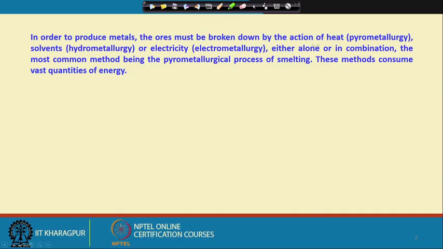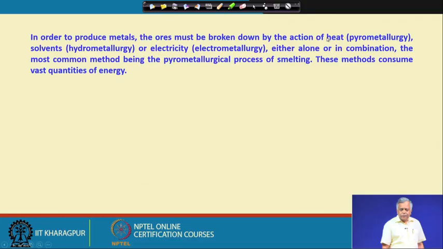Now, it is easily understandable that these methods, pyrometallurgy, hydrometallurgy and electrometallurgy, all consume vast quantities of energy. When the energy consumption is very high, the process is very expensive.